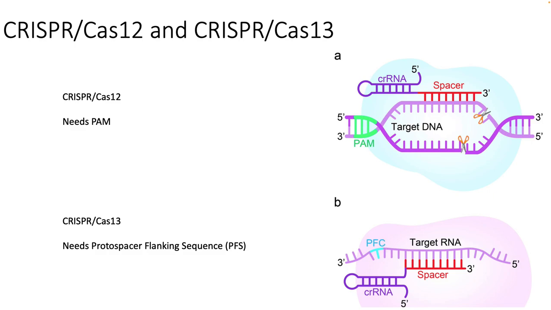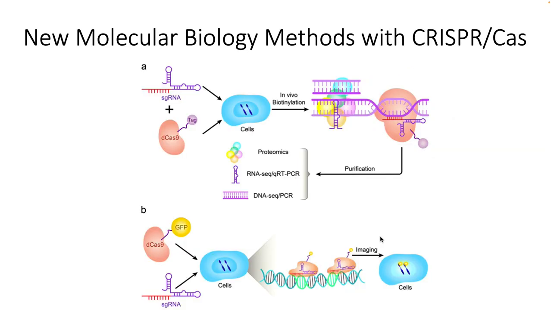Now, there are a lot of cool molecular biology techniques we can use with the CRISPR-Cas system. One thing we can do is put a guide RNA together with the dCas9 that's got a tag on it, and let's say this tag is a biotin tag. Then you transform both of these into cells, and that results in in vivo biotinylation.